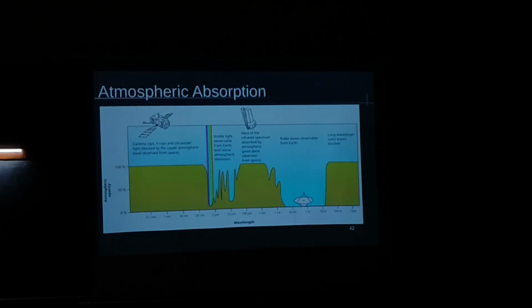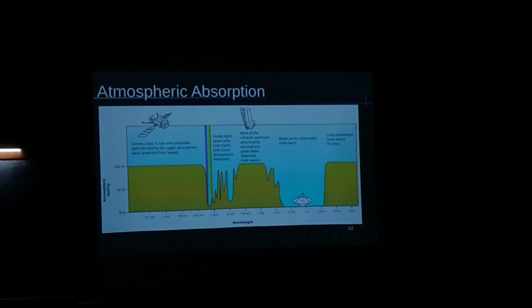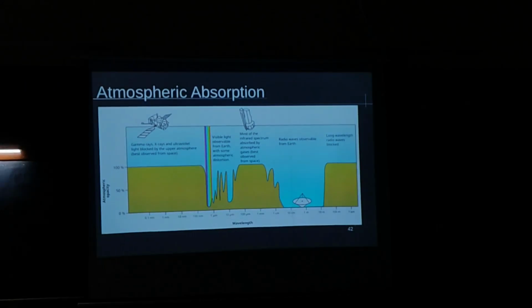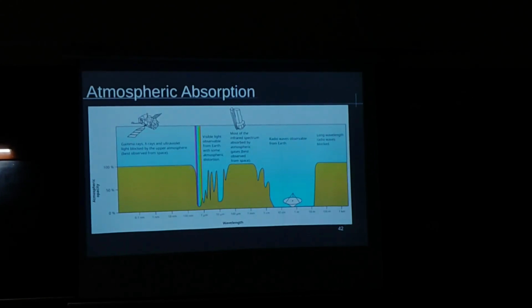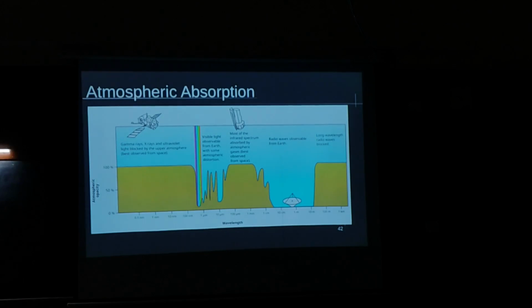This is the absorption spectrum of the different electromagnetic waves, the entire spectrum. The atmosphere absorbs most of the light which comes to us, most of the frequencies. But there is a small gap in the visible range, and it's the peak of our sun. The radiation of our sun follows a curve, and most of the radiation it emits is in the visible range.